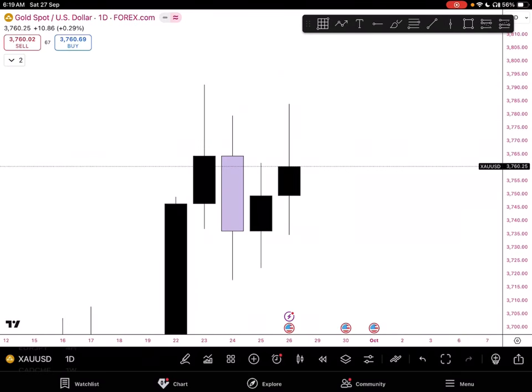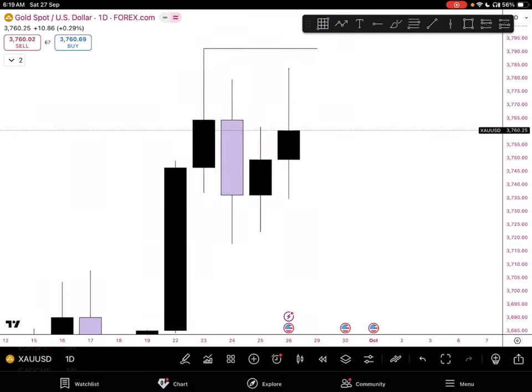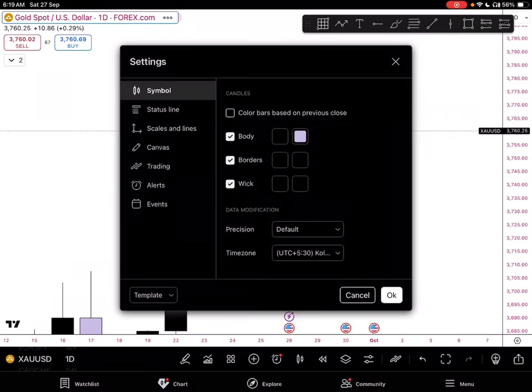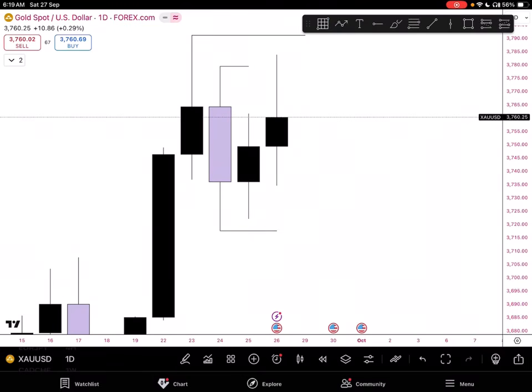So you can understand this is the all-time high. This is the next candle high. This is the next candle low. Okay, so the other day candle was inside the candle range.